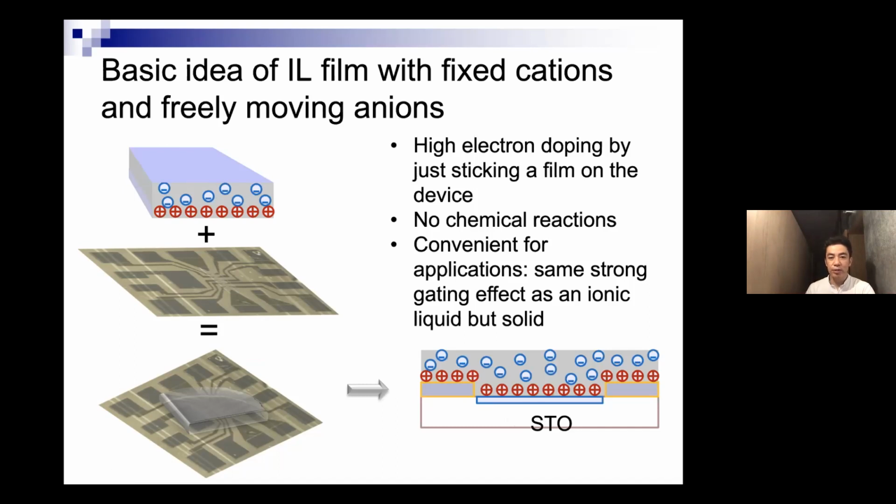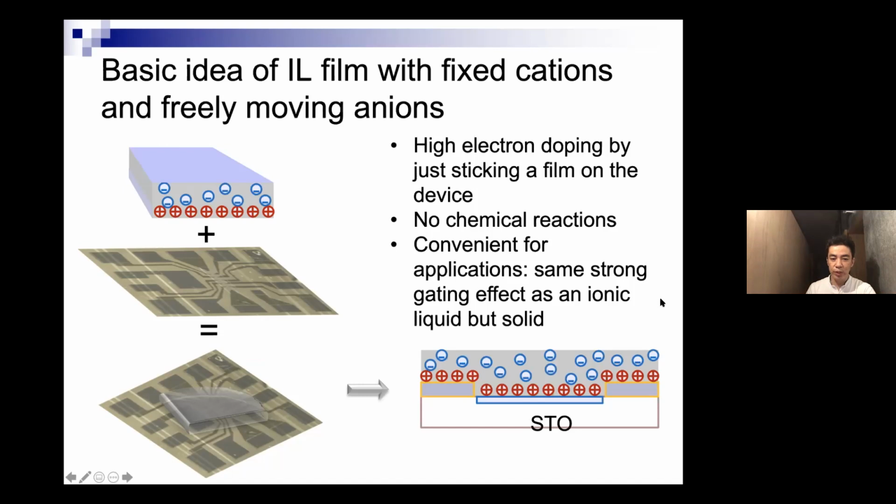This is very good because if you are working on ionic liquid gating, usually some people say this is due to chemical doping, and some people say this is electrostatic effect. But it's hard to judge whether it is an electrostatic effect or chemical reactions.